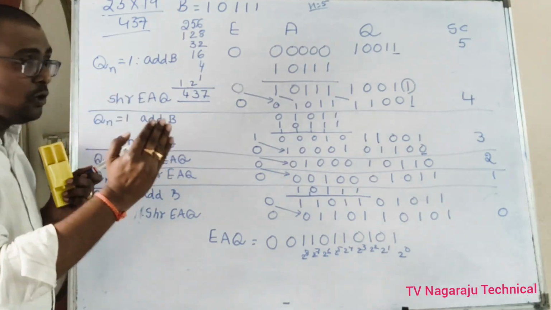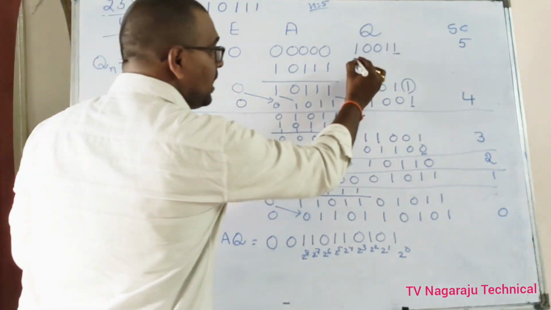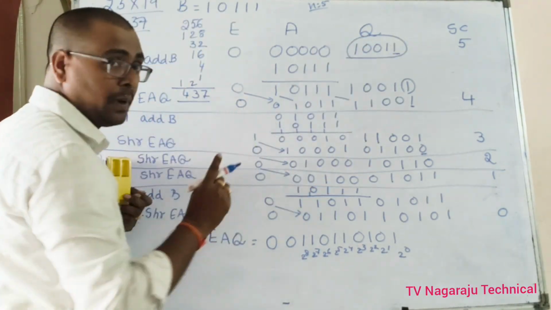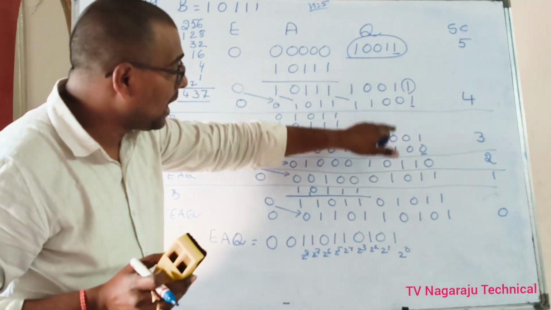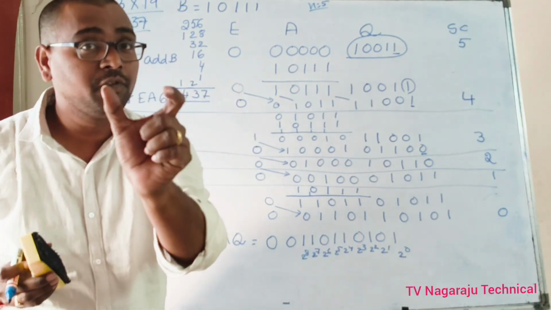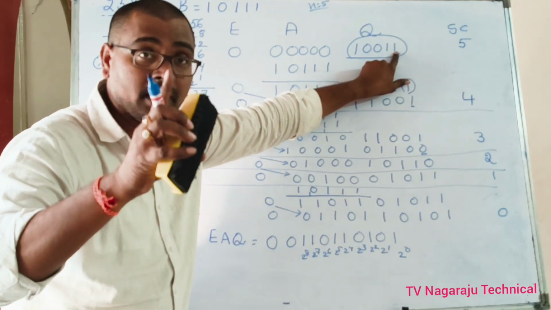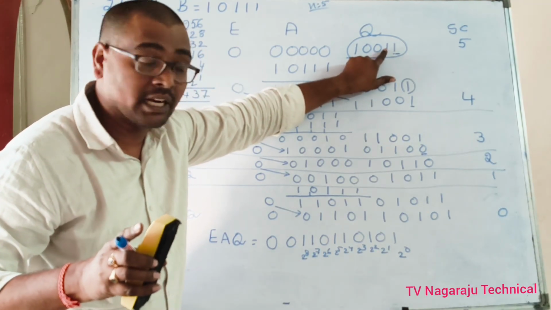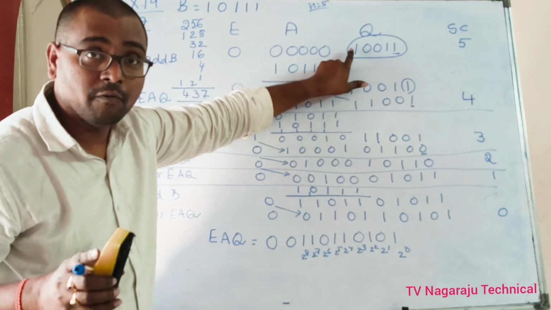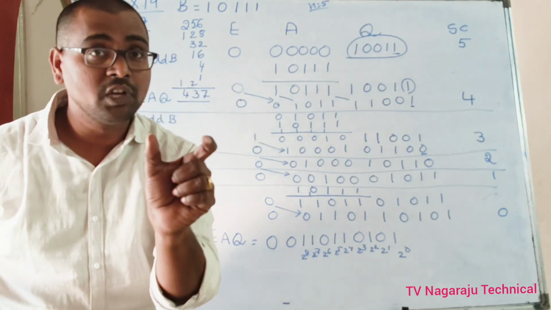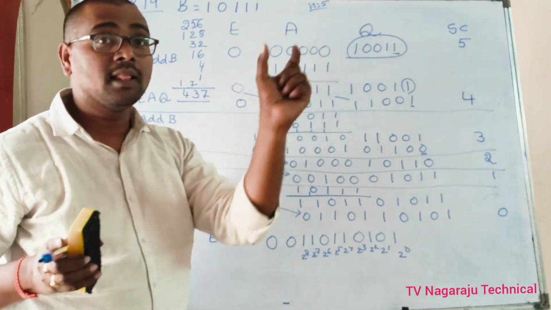Remember, if you are using shift right, initially, this is the multiplier. How many shift right operations am I doing? 5 shift operations. In the first shift operation, I lost 1 bit. Second shift operation, I lost the second bit, third bit, fourth bit, fifth bit. By performing 5 shift operations, I lost all 5 bits.